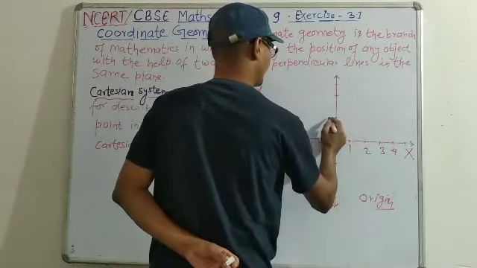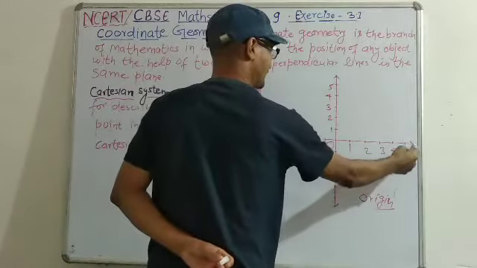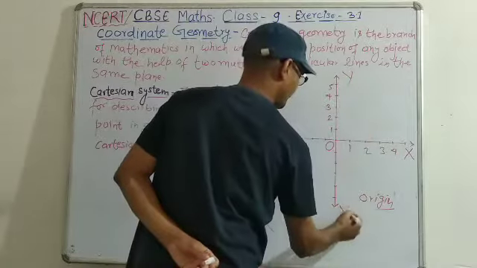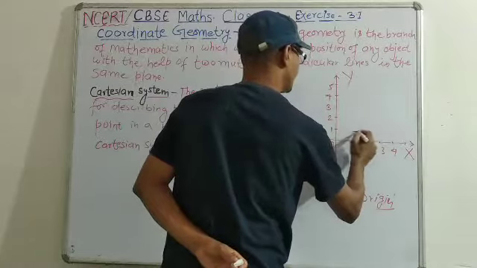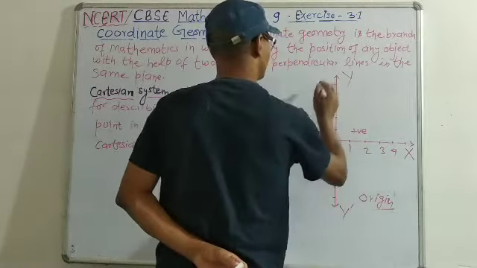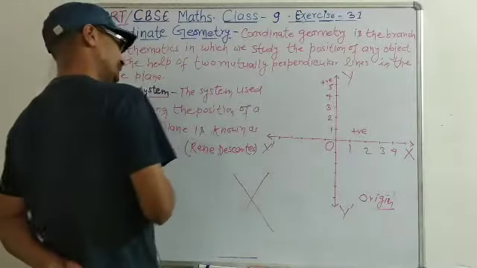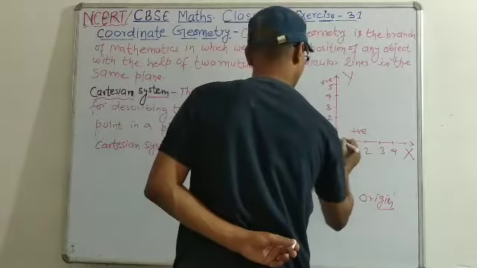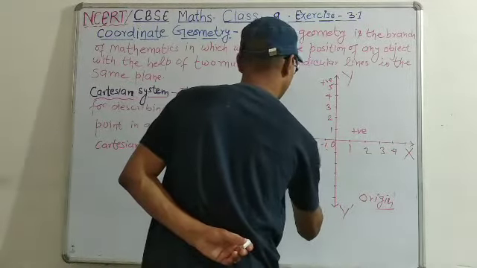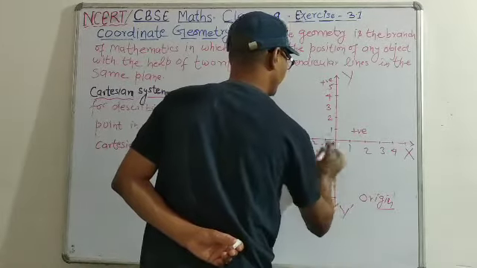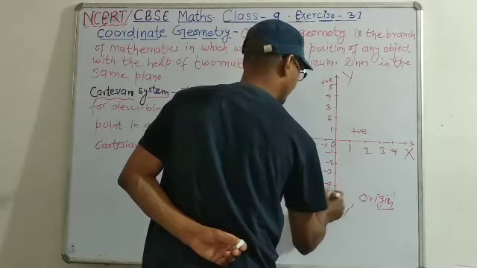This is the x-axis, and this is the y-axis. Going right on the x-axis is positive, and going up on the y-axis is also positive. But if you move from this origin to the left-hand side, it becomes negative: -1, -2, -3, -4, -5. Also here, downward: -1, -2, -3, -4, -5.